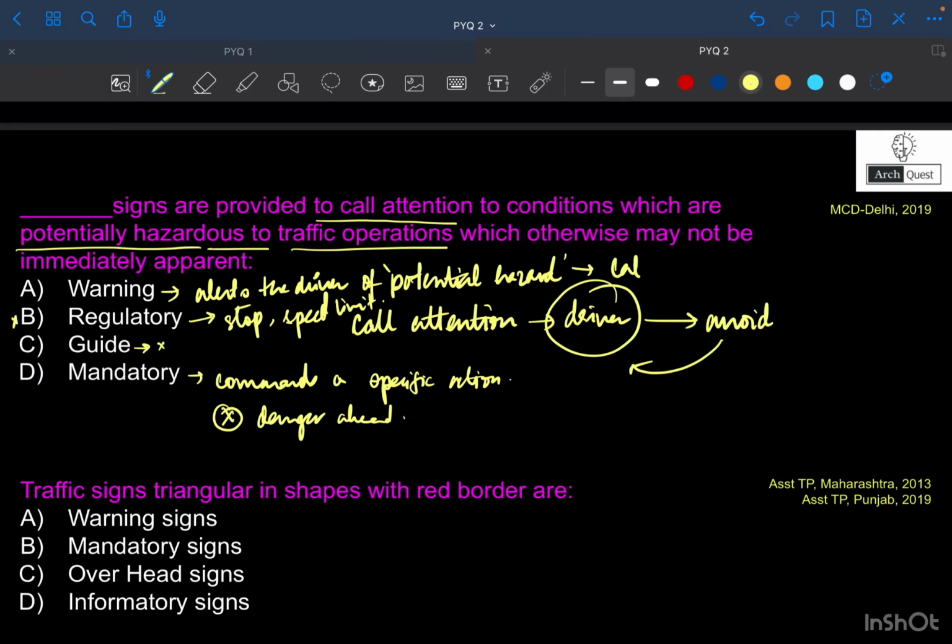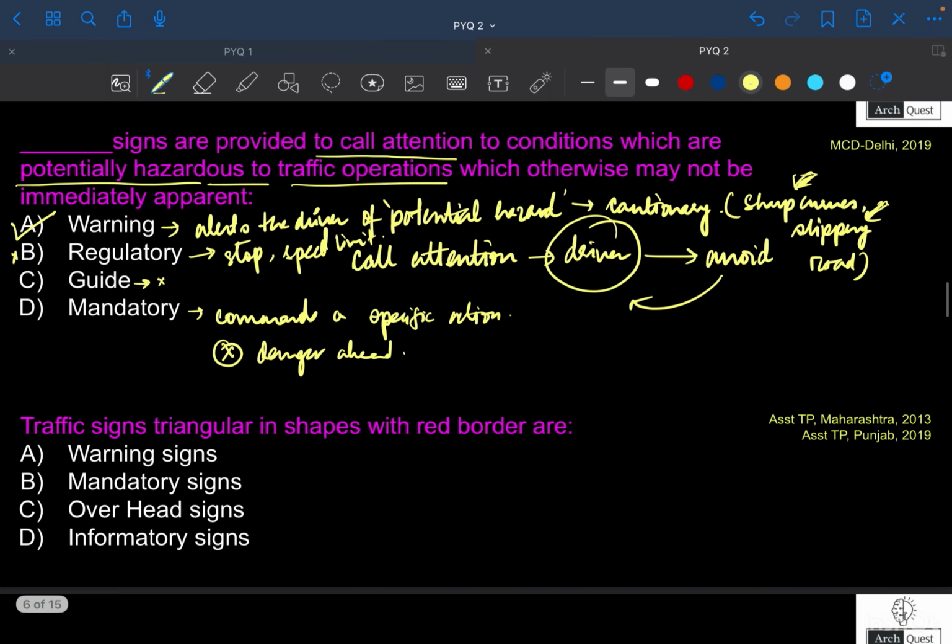Basically cautionary भी इसलिए इसको बोला जाता है. ठीक है? Example were sharp curves ahead या फिर slippery road. So these information gives me something कि हाँ I have to be careful आगे because these are the conditions that are prevailing. ठीक है? Hence A is the correct answer.